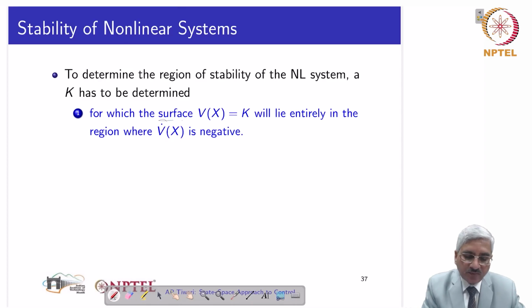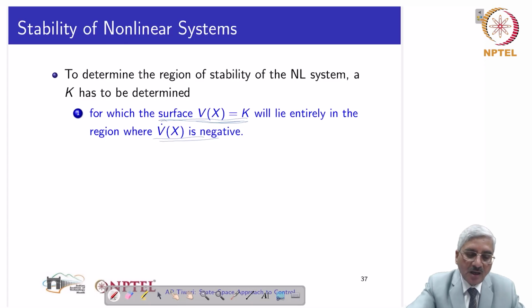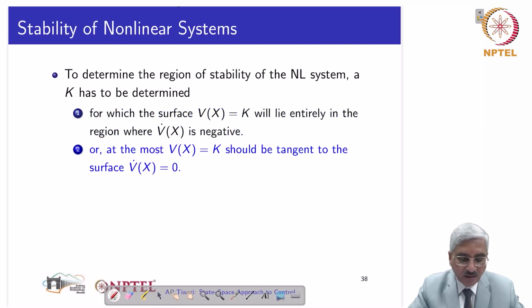So the surface Vx equal to K, in which V dot x will be negative, that K has to be determined, or in other words Vx equal to K should become tangent to V dot x equal to 0.